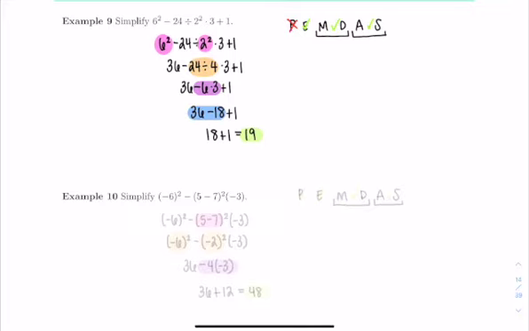Let's try example number 10. We've got (-6) squared minus (5 minus 7) squared times (-3). So the first thing is the parentheses.